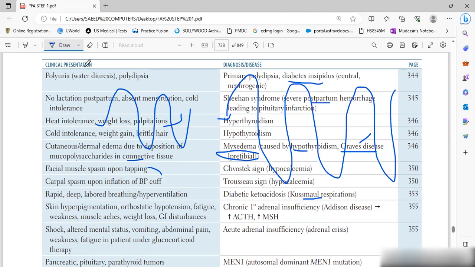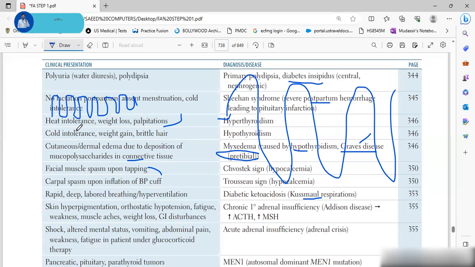There is a differential: rapid shallow breathing is a case of ILD, interstitial lung disease, and rapid deep breathing is the case of diabetic ketoacidosis. Remember, these are important differentials.